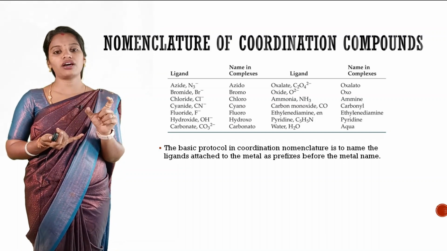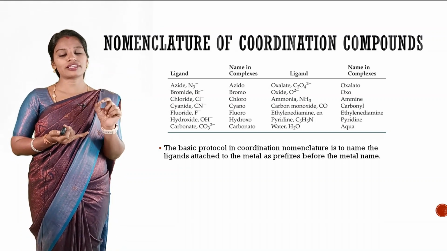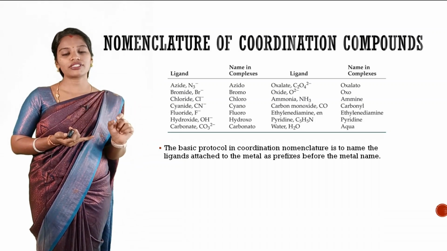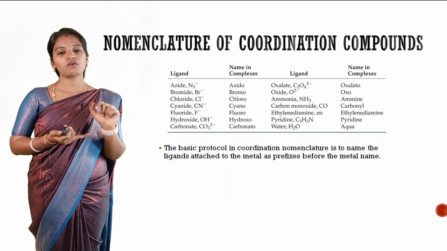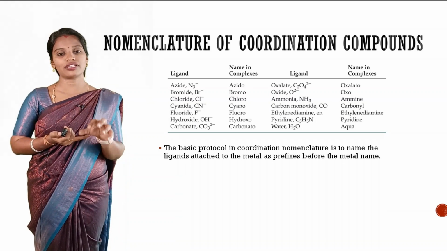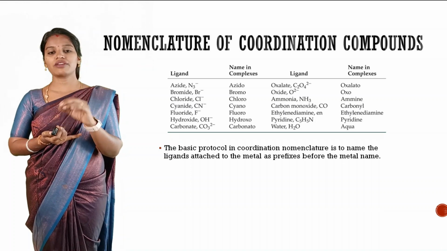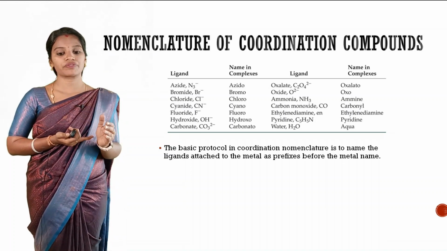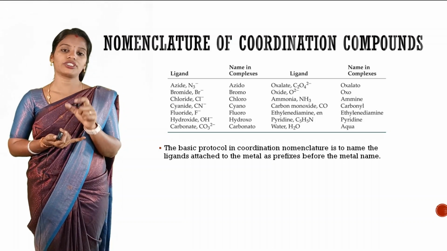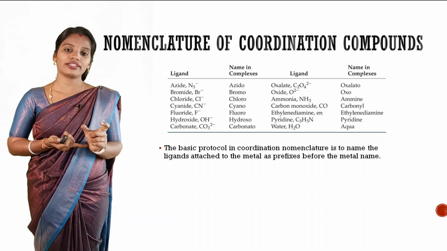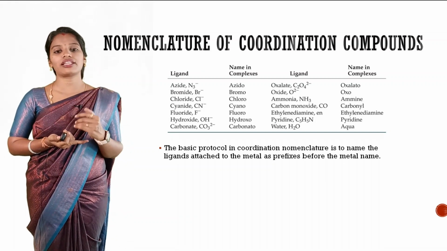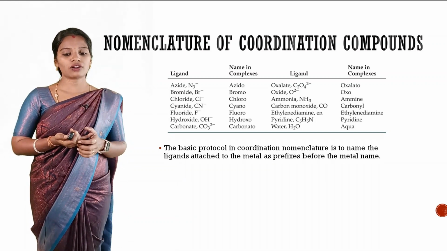While writing the formula, you must write the central metal atom first within the coordination sphere, followed by the ligands, then the secondary valency ligands and then the primary valency ligands, and the oxidation number. While writing the name, you must write the ligand first and then the central metal atom.